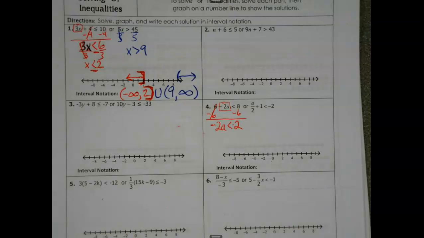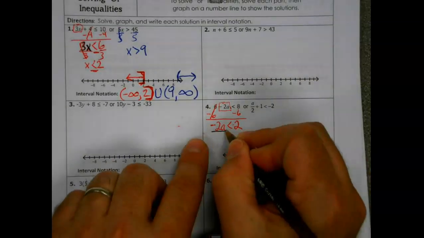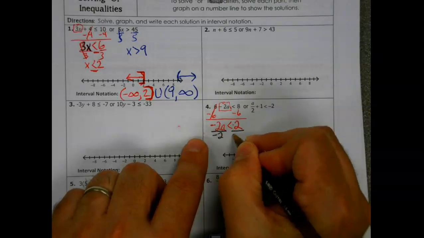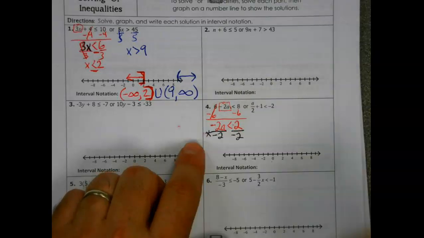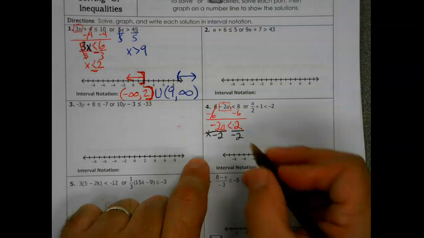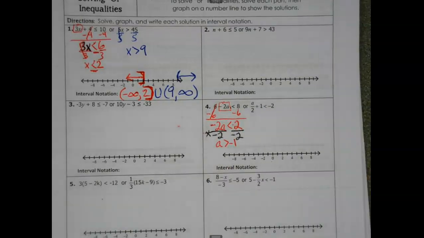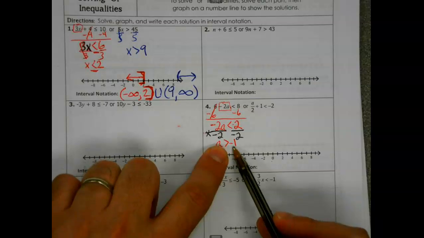But then, uh-oh. To get A alone, we've got to divide by negative 2. What happens if we divide both sides by a negative? Yeah, we've got to flip the arrow in the middle. If we don't, we're going to get the wrong half of the graph. Multiply or divide both sides by a negative, we flip.